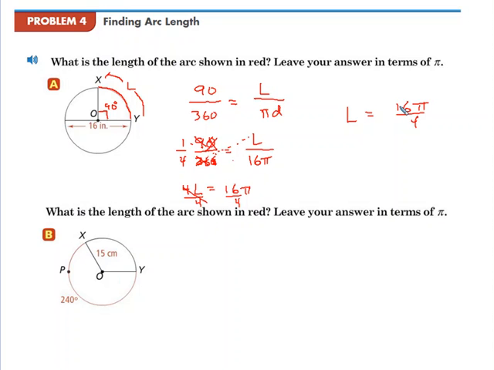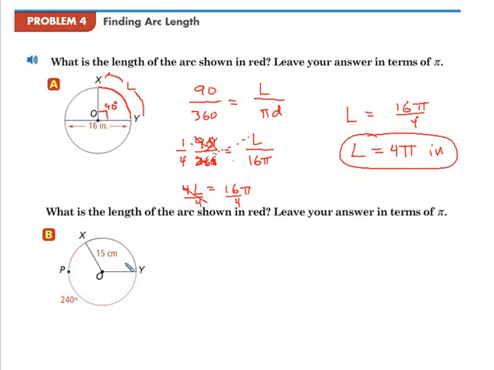And if we're trying to reduce this side, 16 can divide by 4 to make 4. So my final answer is just 4 pi for the length. And since this was in inches, it'll be 4 pi inches for the length of that arc.